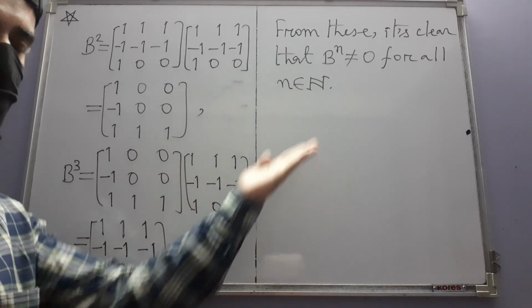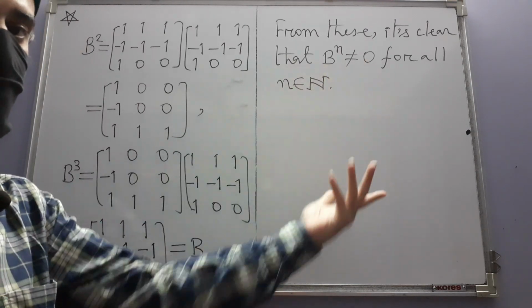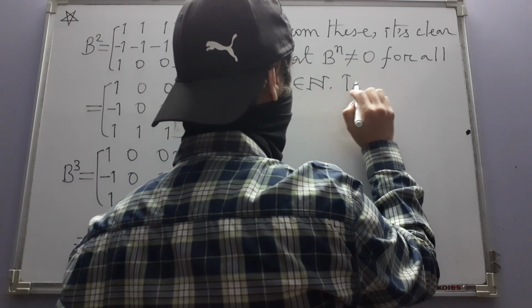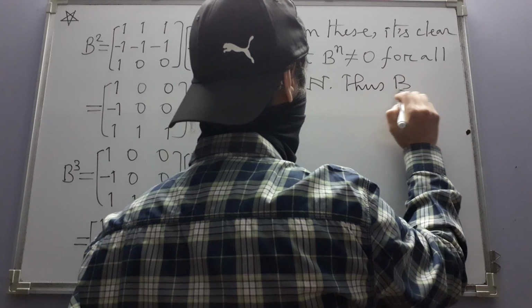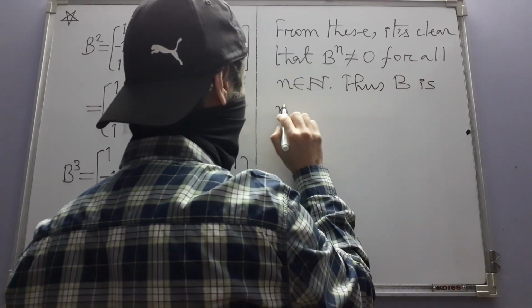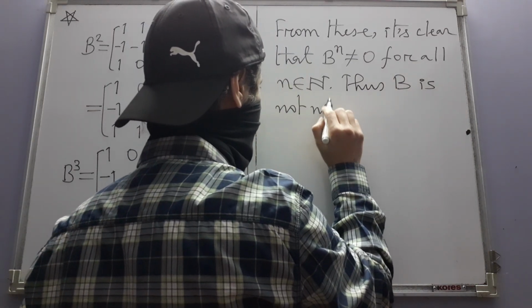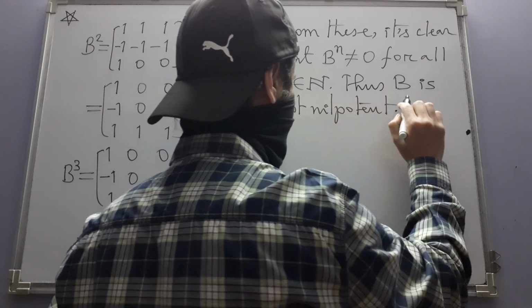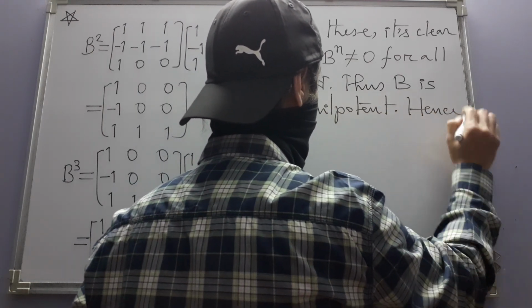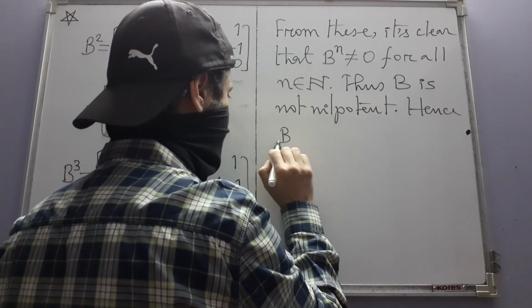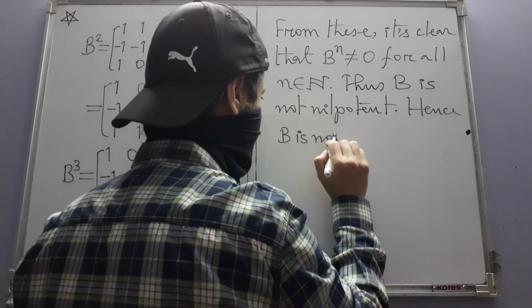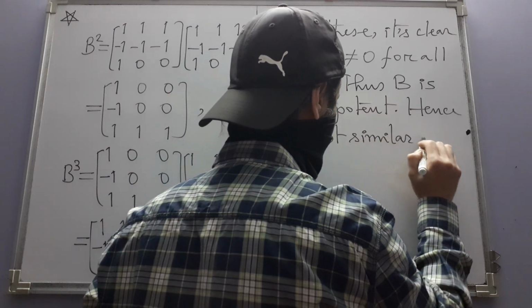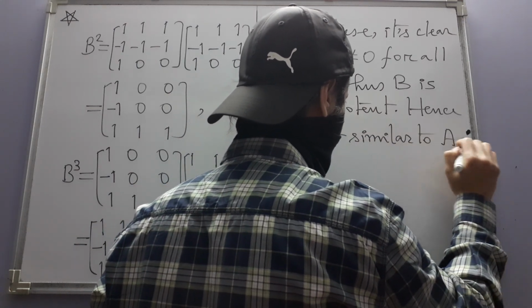It's pretty clear why this can be concluded. Thus, B is not nilpotent. Hence, B is not similar to A.